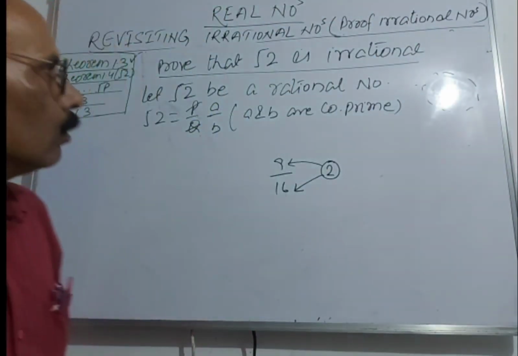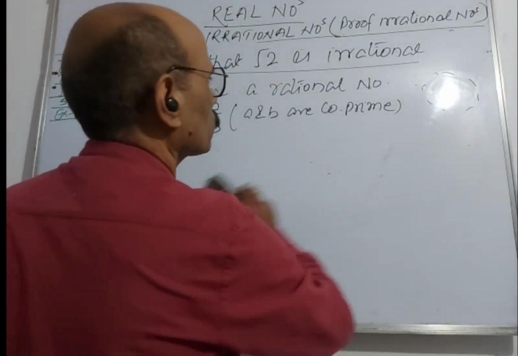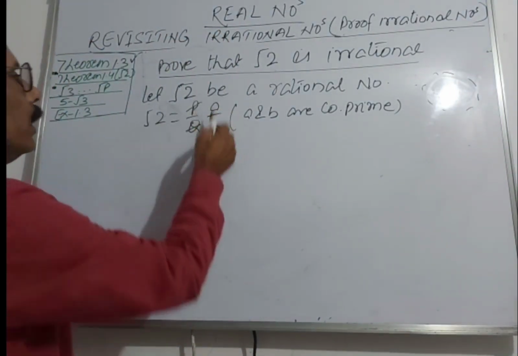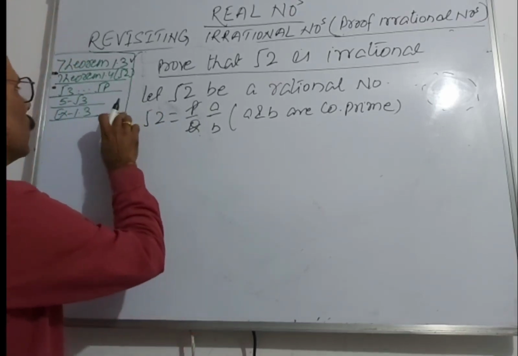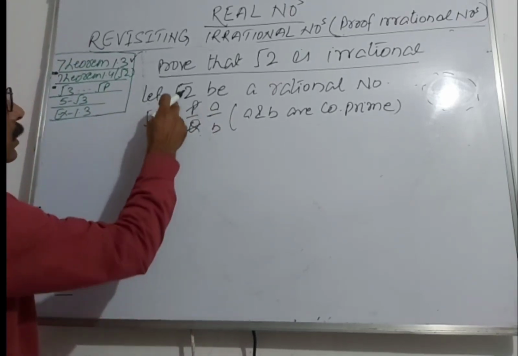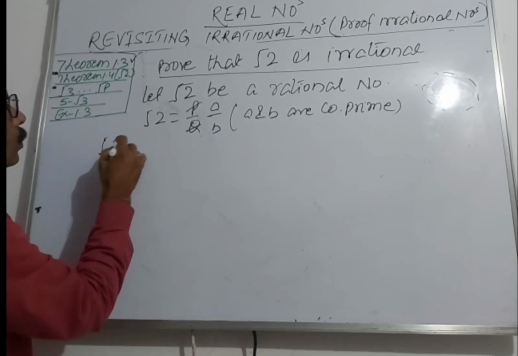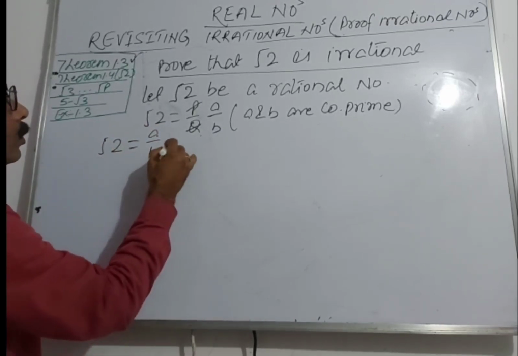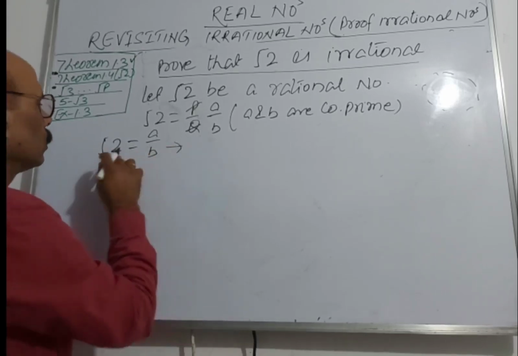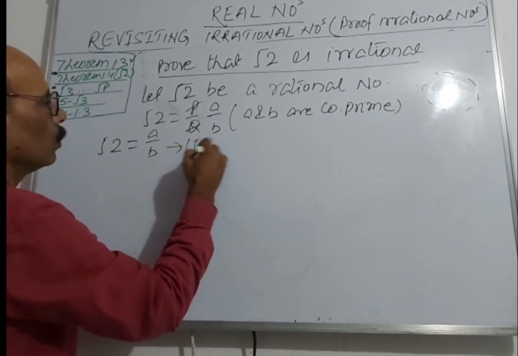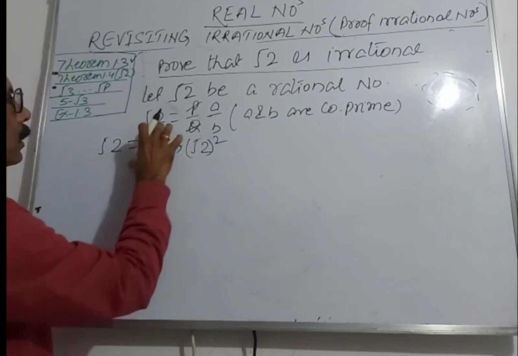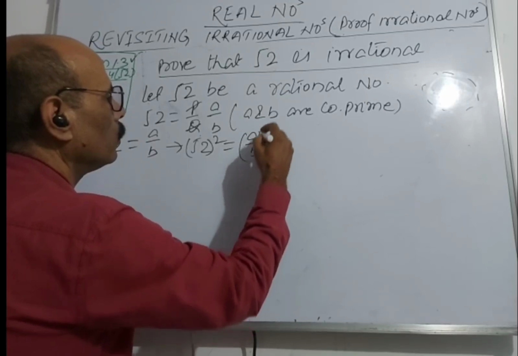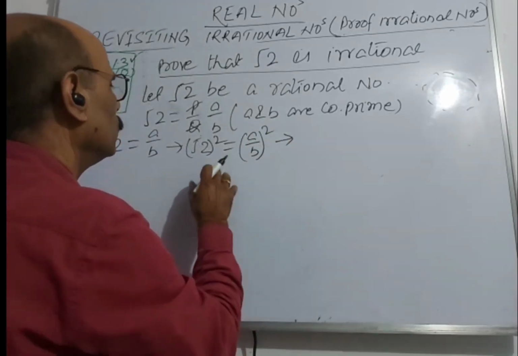Now let us start. Root 2 is equal to a by b. Further developing this equation, if we square both sides, root 2 square on the left side and a by b square on the right side.